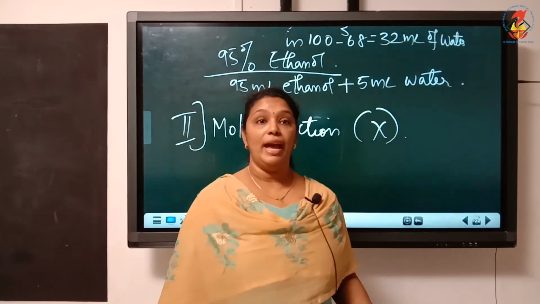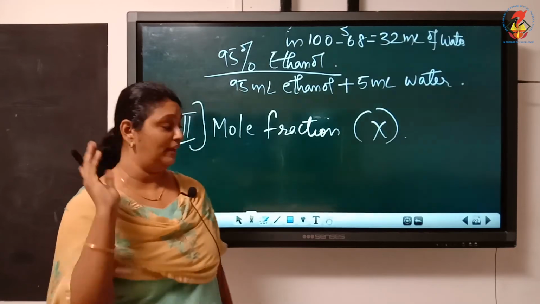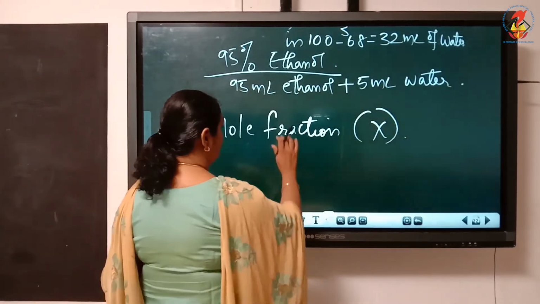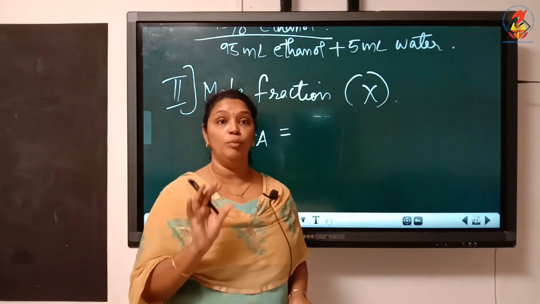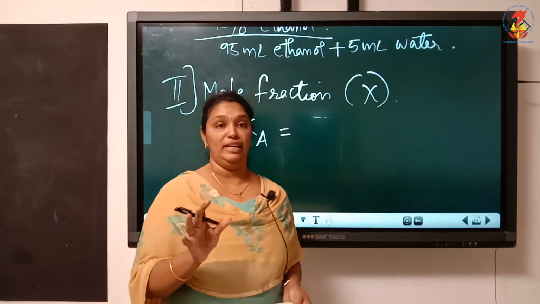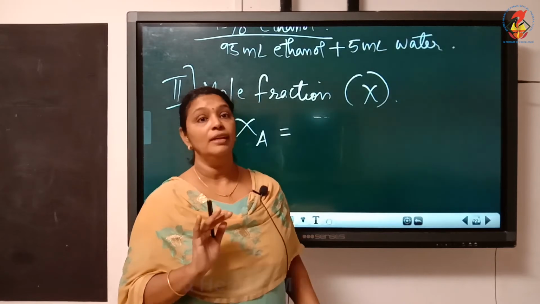So we have mole fraction of solvent and mole fraction of solute. The mole fraction of solvent, denoted by XA, is the ratio of number of moles of each component to the total number of moles of all the components present in solution.